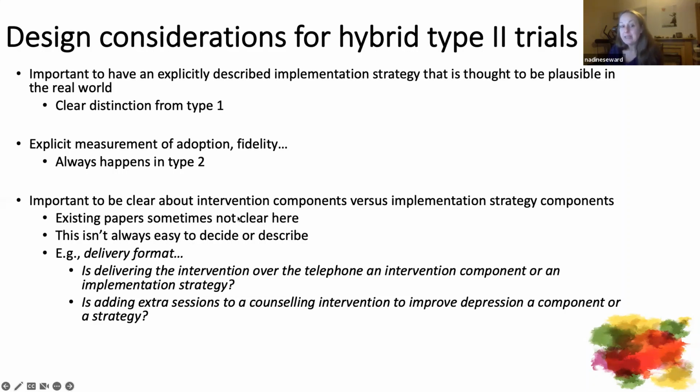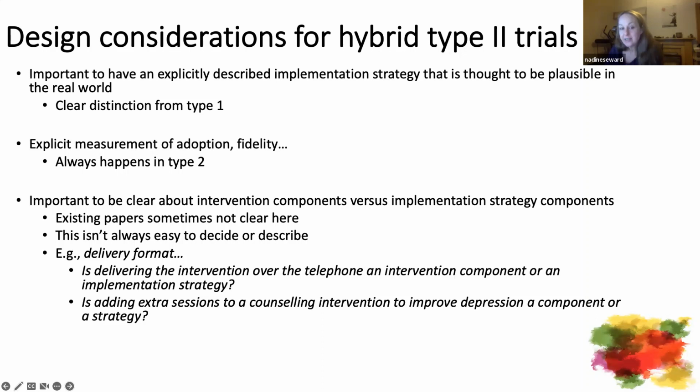We also want to make clear the intervention components versus the implementation strategy, and it isn't always clear. I see an implementation strategy as something to facilitate the implementation, improve the adaptation. So I've given 2 examples here. If an intervention is delivered over the telephone, is it an intervention component or an implementation strategy?